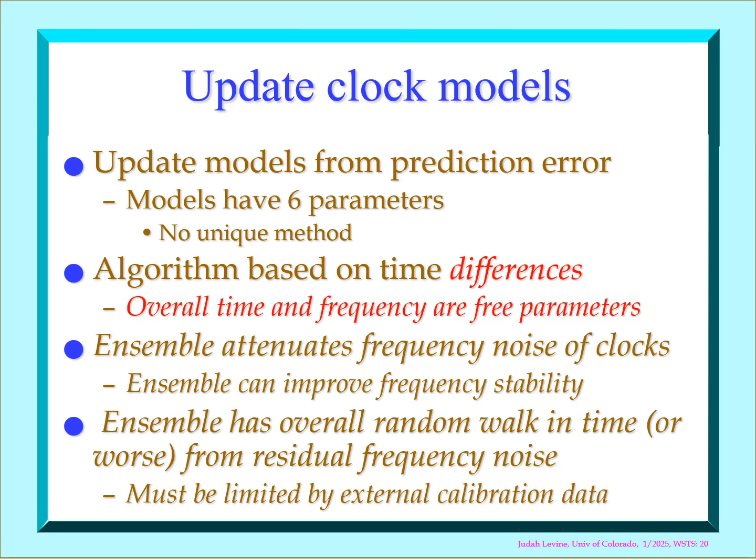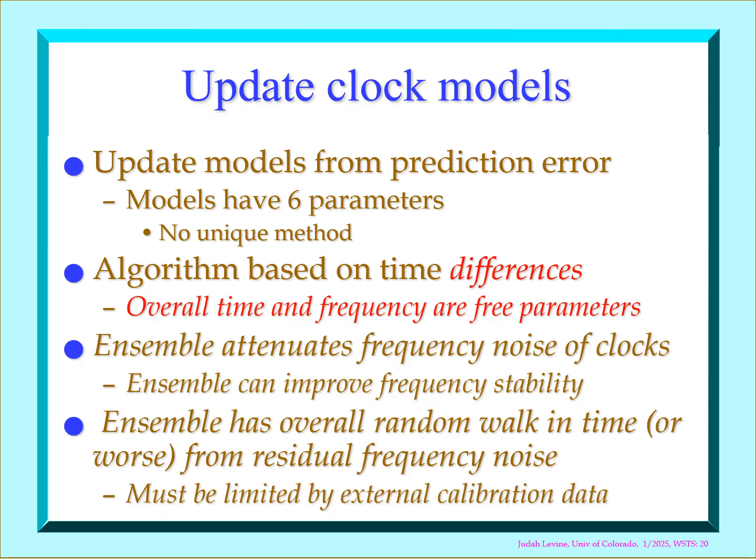The ensemble attenuates the frequency noise of the clock because it deals with the average, and that means it improves the frequency stability. On the other hand, there is residual frequency noise, and the frequency noise may be white frequency noise, or it may be worse than white frequency noise, and that gets integrated up by the ensemble time algorithms, which means that the ensemble is likely to have a random walk in time, or maybe even worse than a random walk in time.